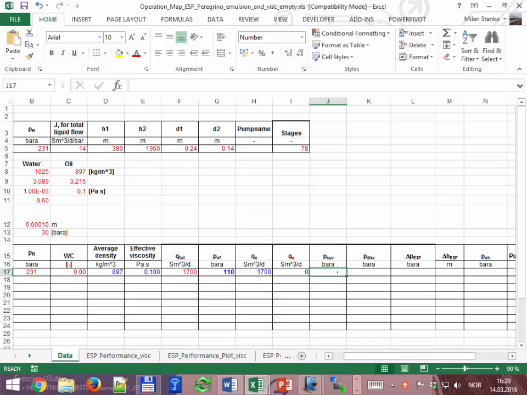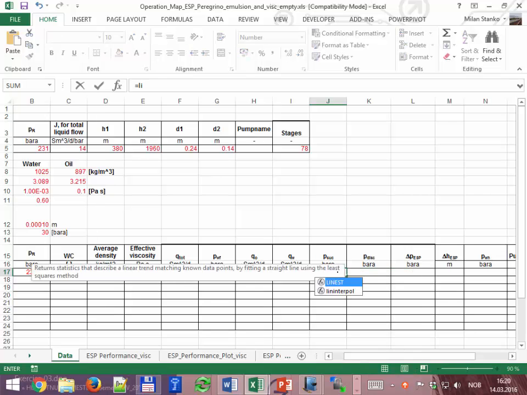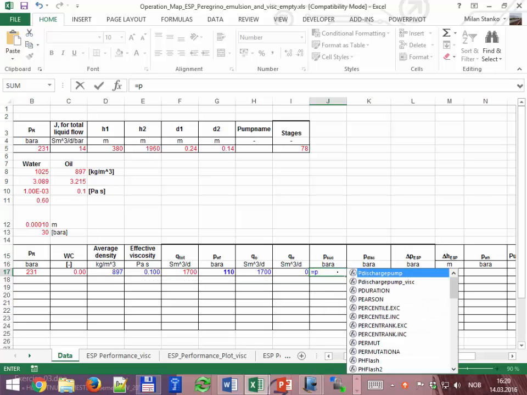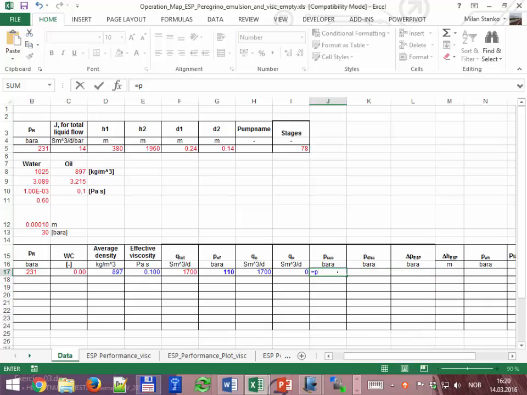Then P at the suction of the pump, we are going to use line P. Which one, 1 or 2? 2. Let's see if that's how I call it, or maybe not line, it's P out, okay, that's correct.